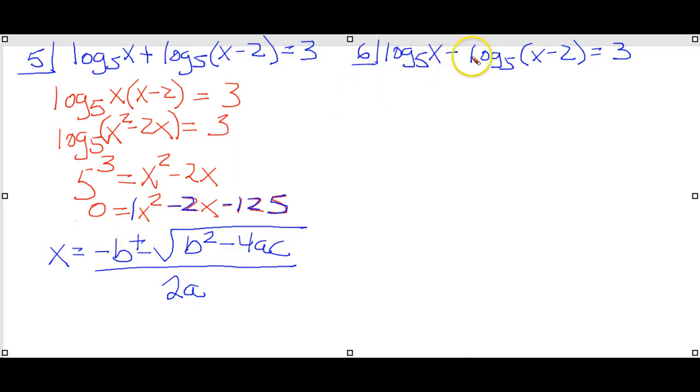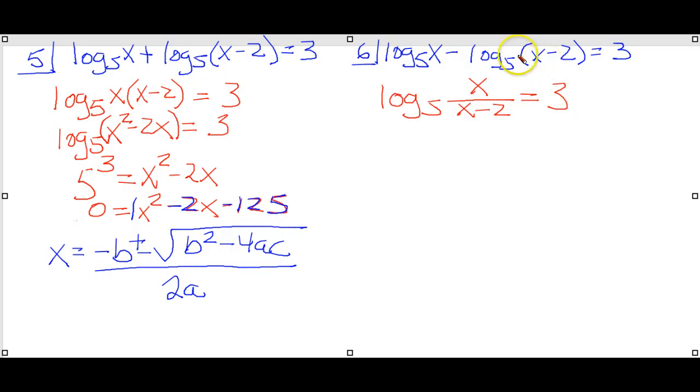For number 6, it's a little different because it being addition, it's subtraction. So we write this in the condensed form, log base 5 of x over x minus 2, and that equals 3.